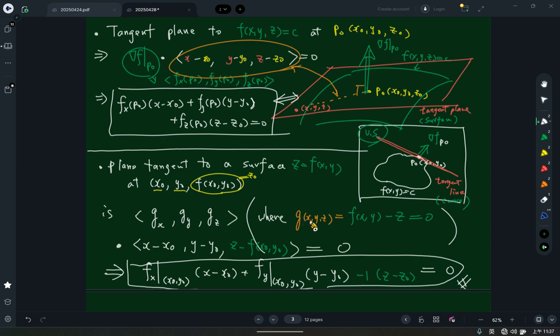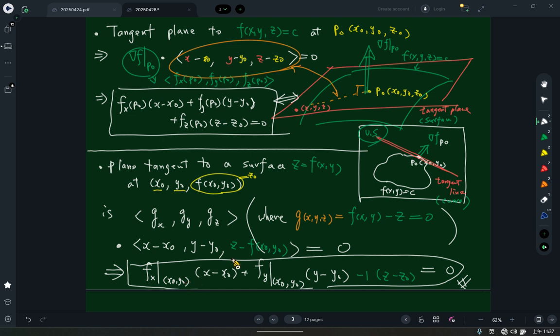You can see partial x. That means we just partially differentiate this one. So we can get partial f, partial x at x0, y0. For z, since for a 3-variable function, when we partially differentiate with respect to x, y and z are constant. So of course we just have partial f, partial x at x0, y0.